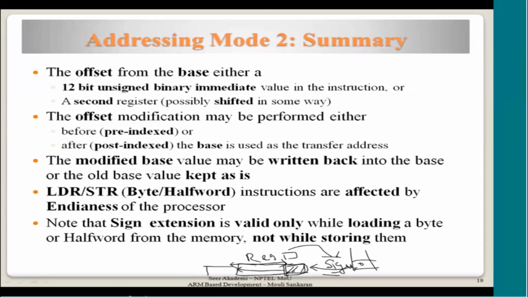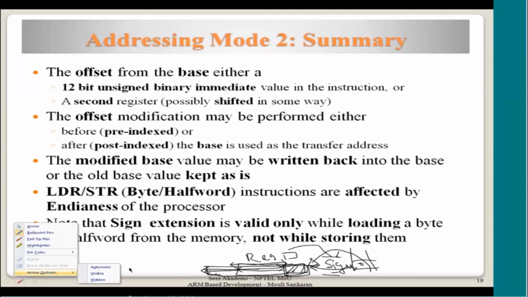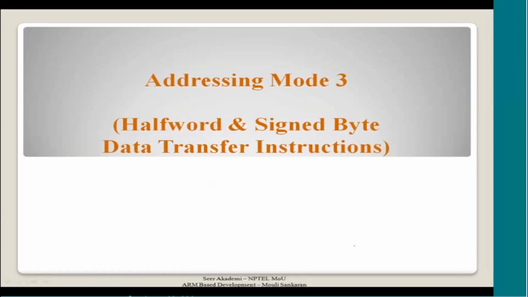Even if it is a 64-bit value, if you extend it all the way around, it will be the same thing. So that's why when you are loading a value from memory to the register, because we are moving into a 32-bit register, you have to make sure that the byte is sign extended into the upper part of the register. Please remember this is one uniqueness of loading versus storing.